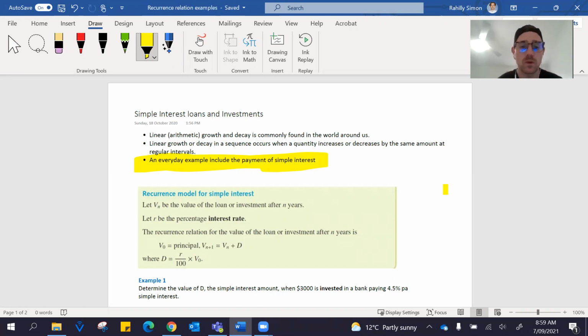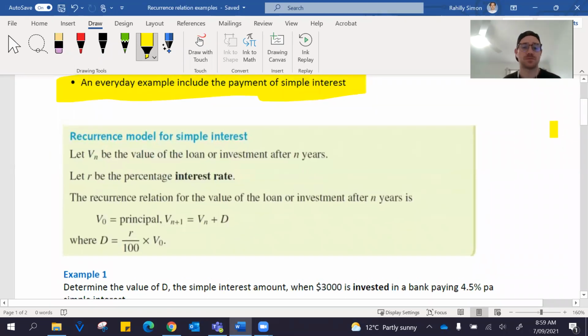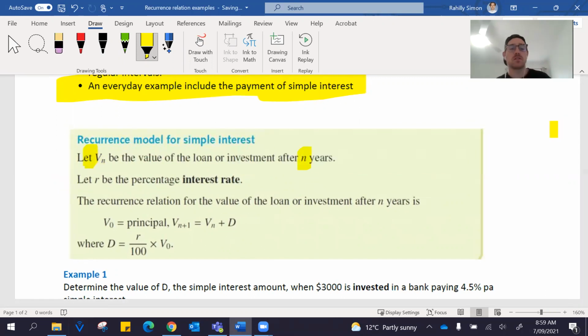Now it looks quite wordy, but it's actually pretty easy to understand. Okay, so Vn is the value of the loan or investment after n years. So after an unknown number of years, Vn is the value of the loan or investment. R is the interest rate. And now this is really, really important. The recurrence relation for the value of the loan or investment after n years is this formula here.